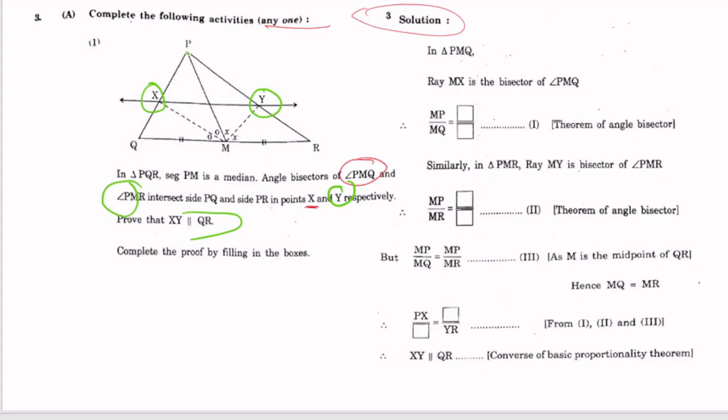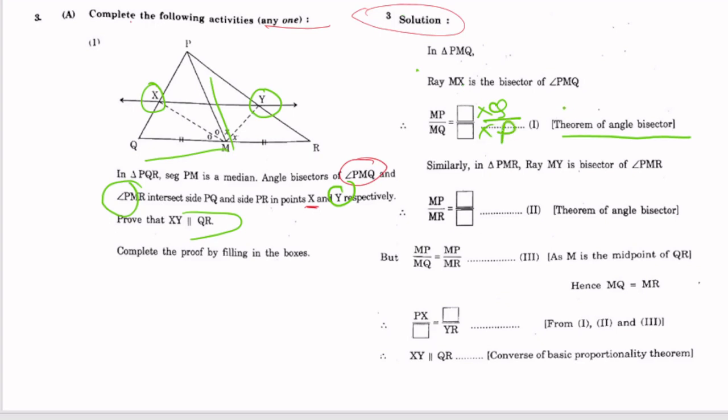In triangle PMQ, ray MX is the bisector of angle PMQ. Now, as per the angle bisector theorem, MP upon MQ is equal to XP upon XQ.